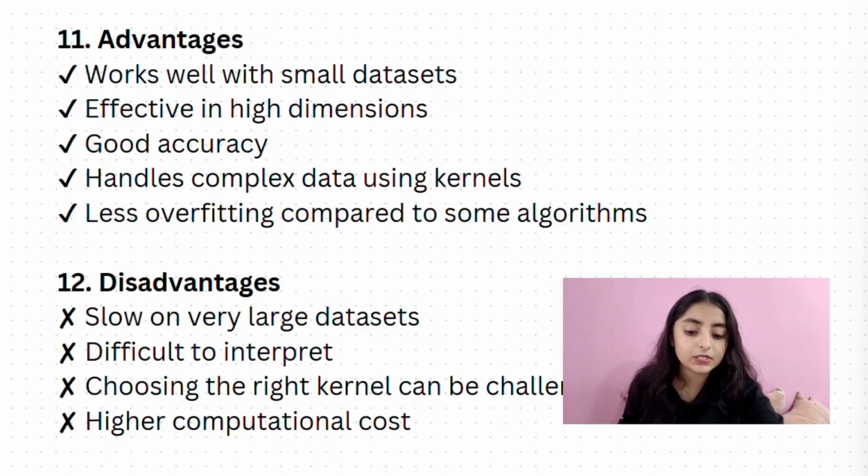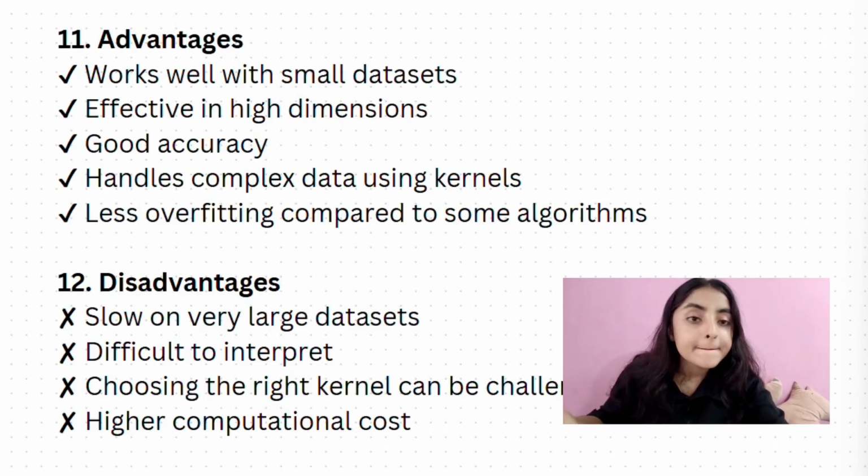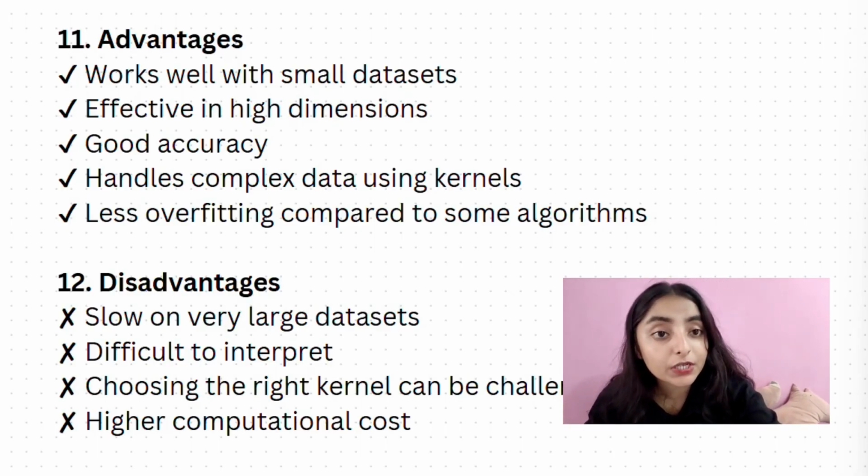The disadvantages are that it is slow on very large datasets, difficult to interpret, and choosing the right kernel can be challenging. It also has a higher computational cost. So this is all about support vector machine.